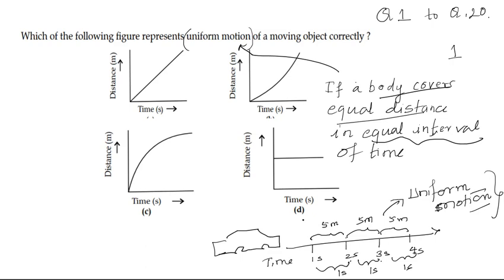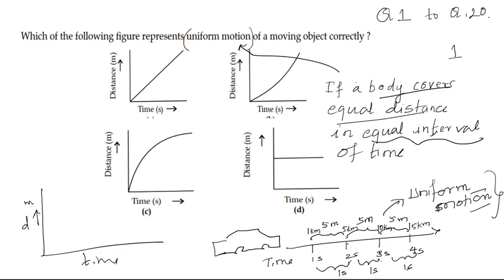Suppose you plot a graph of distance versus time. This is distance, I'll write D in meters, versus time. Let's say you were here at the 1 kilometer stone, and here you will be at the 5 kilometer stone, and then at the 10 kilometer stone, and then at the 15 kilometer stone.